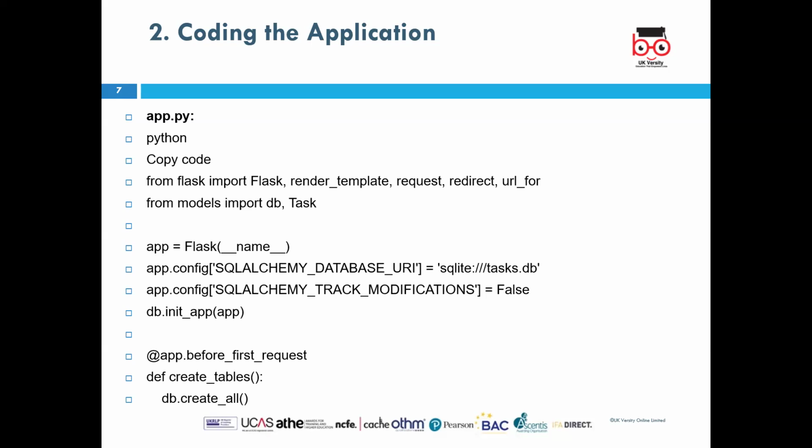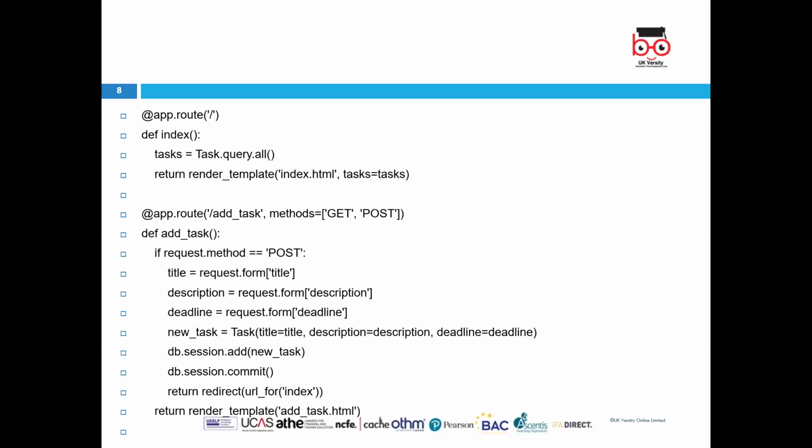So here we have an example where this file will be called app.py, and here we have an example where they're going to import from Flask, and so on. We have more code. For example, we have a function here called index.